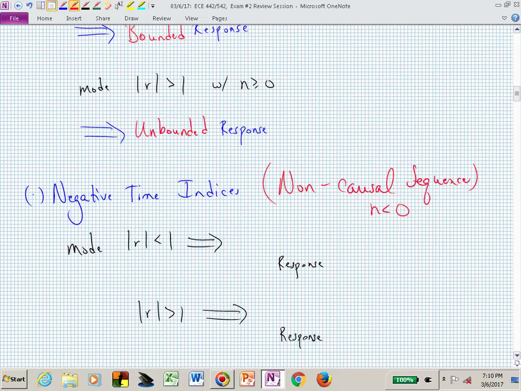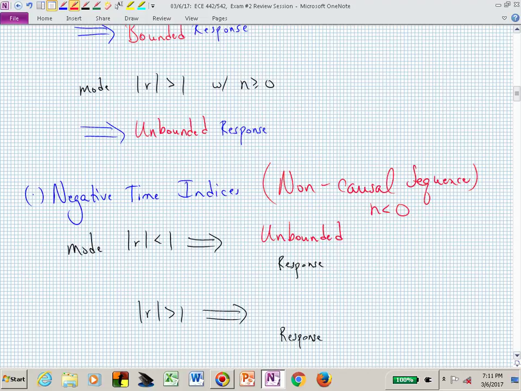If all of our modes are inside of 1 in magnitude, and we have a non-causal sequence, what kind of behavior do we have in that sequence as a function of time? That's unbounded, isn't it? Because if we have a non-causal sequence, our region of convergence is interior to all of our poles, and we now have a pole that's inside 1, so this is going to be an unbounded response.